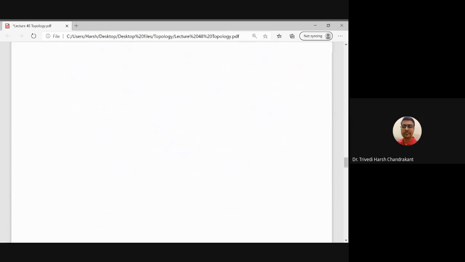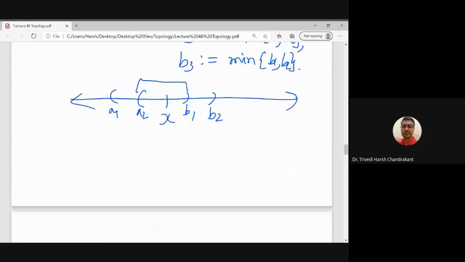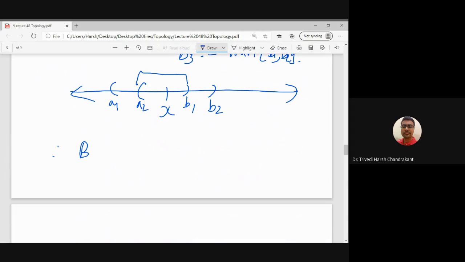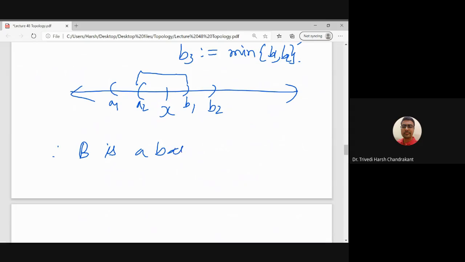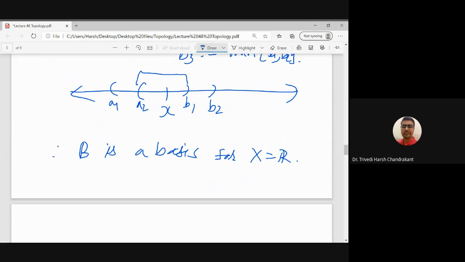So therefore B is a basis, which we verified, for X equal to R, and then it generates the standard topology. That is also clear.